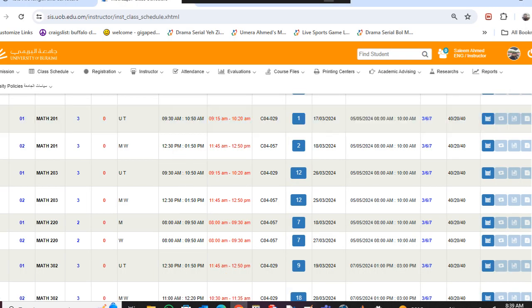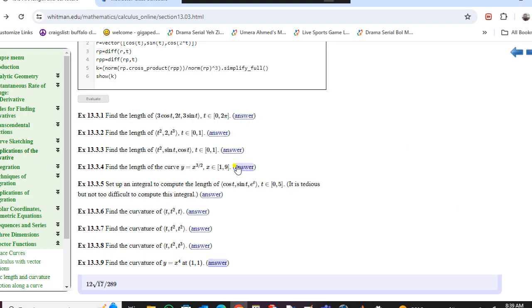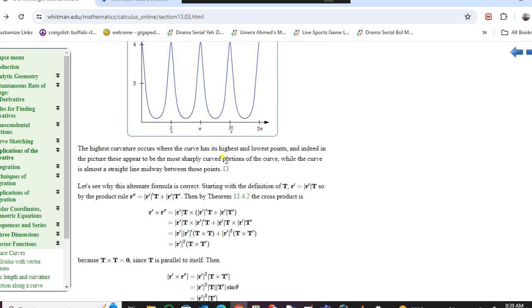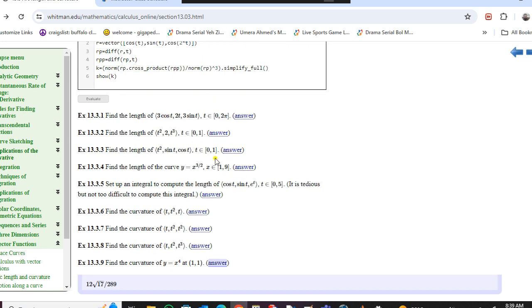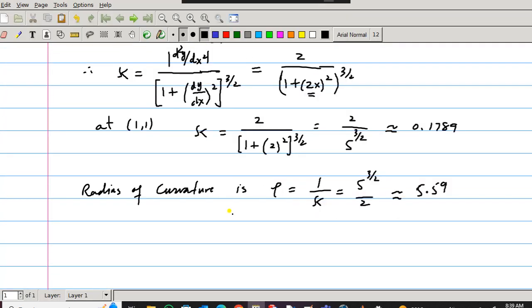So here I opened notes from the website. Find the curvature of y is equal to x4 at (1, 1), and the answer is also given. So maybe we can try this one. Finding curvature is not difficult at all.